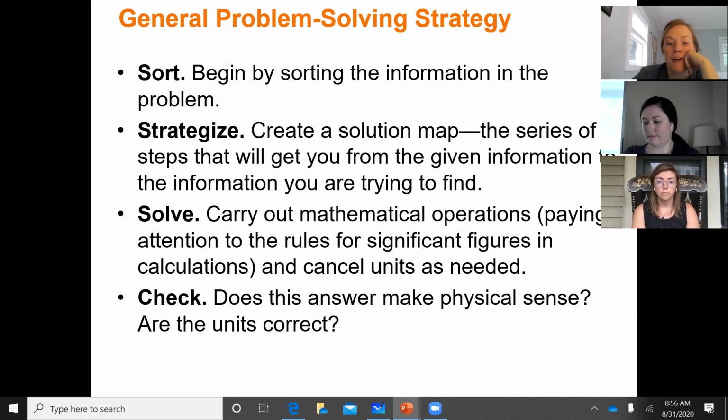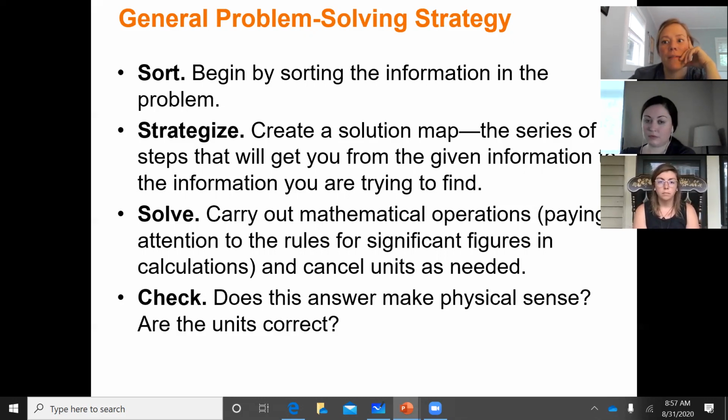Sort, strategize, solve, check. So sort your information from the word problem, strategize by creating a solution map or some sort of problem solving technique that's going to work for you, solve the problem, and then check. One quick way to check is to ask: does this make physical sense?